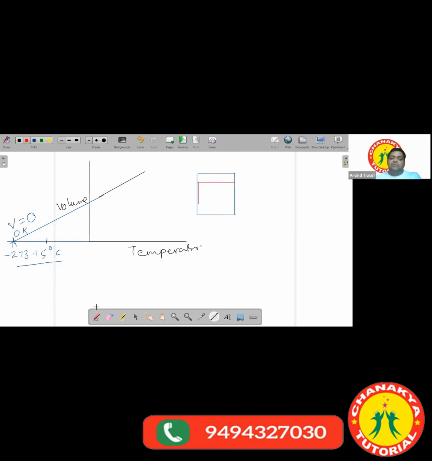Initially, the gas is compressed in a chamber. You have seen in the refrigerator just below, you have a compressor. The compressor compresses the gas. When the volume of the gas is increased, keeping the pressure constant, the temperature will fall. So here the gas expands.